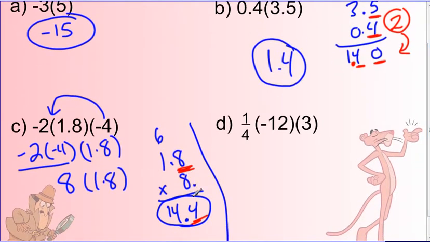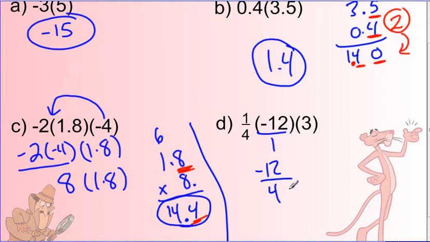Honestly, if you can do this decimal multiplication, that's probably the hardest stuff for the day. Letter D. Fraction math is much easier. With fraction math, if we have 1/4 times -12, you make both parts a fraction, multiply across the top, so 1 times -12 is -12, multiply across the bottom, and you're done.